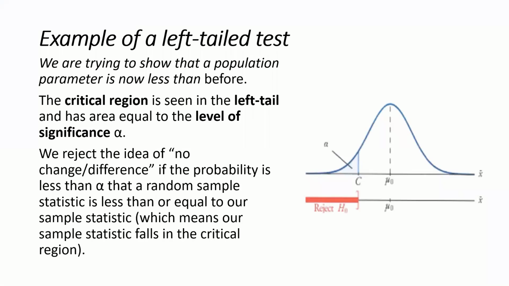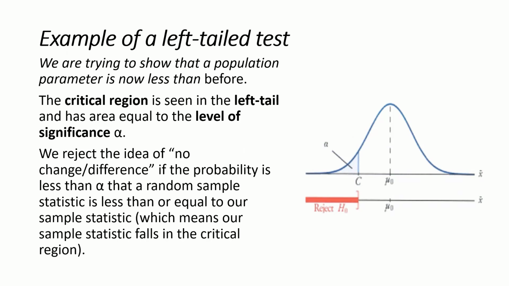First, a left-tailed test. We're trying to show that a population parameter is now less than before. We're expecting our sample data to be smaller, our sample mean, for example, to be smaller than the population mean. So the critical region is seen in the left tail and has an area equal to the level of significance alpha.